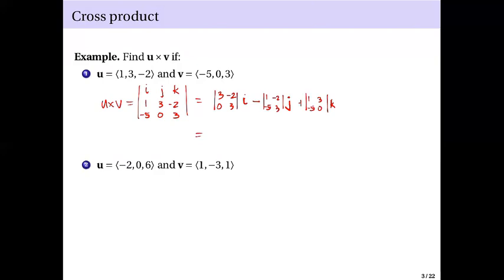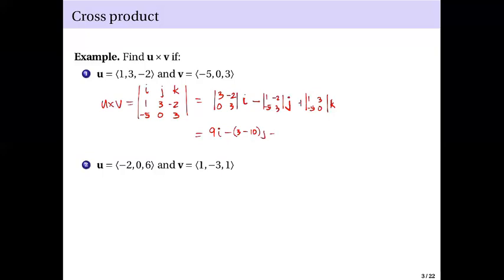So you have here what? 3 times 3, that's 9, and then this is 0. So you will have 9i. And then for this minus, you have 1 times 3, that's 3, minus -5 times -2, so plus 10. -5 times -2, that's plus 10, so minus 10 in here, and then j.